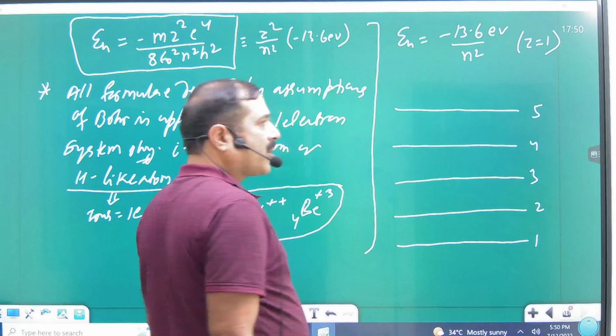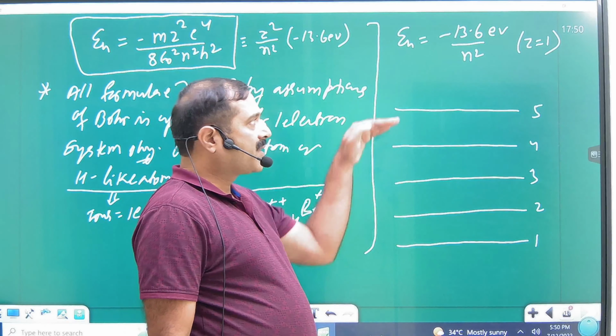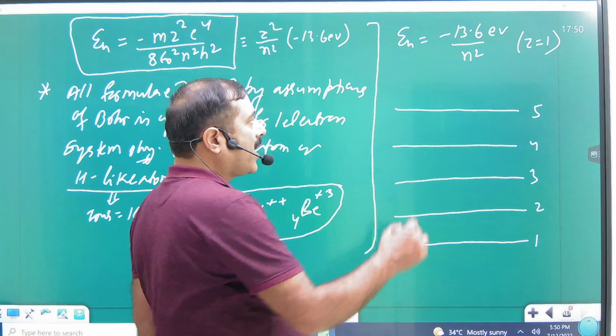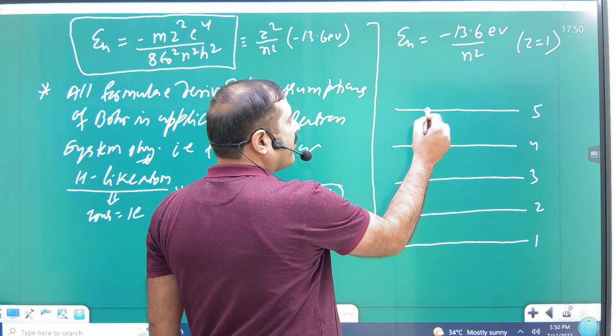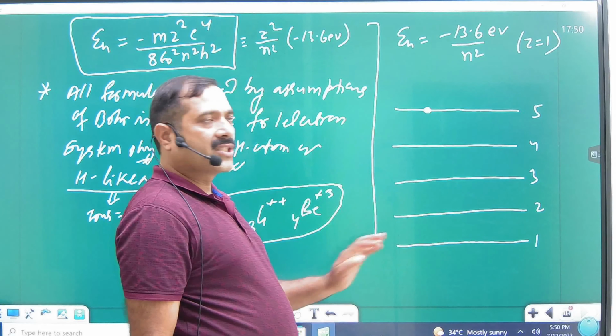If the supply of energy is stopped, the electron finally jumps to the 1st orbit. Now see in how many ways the electron present in the 5th orbit can jump to the ground state.